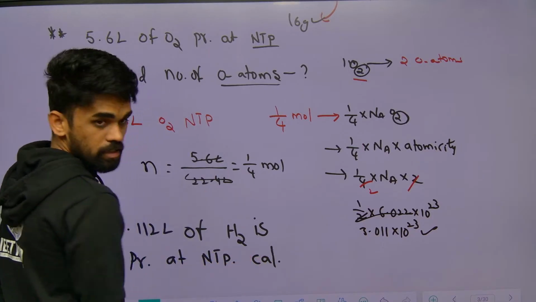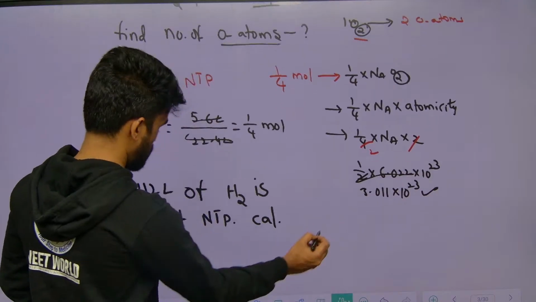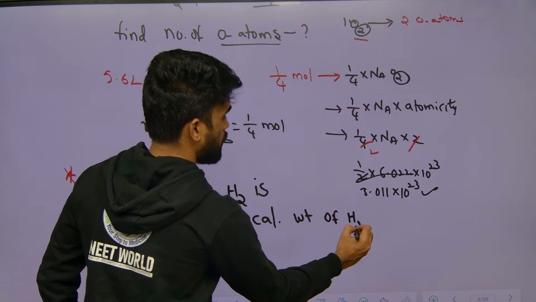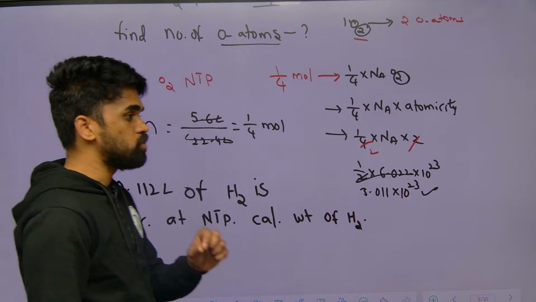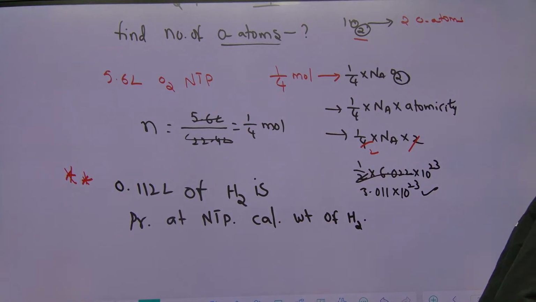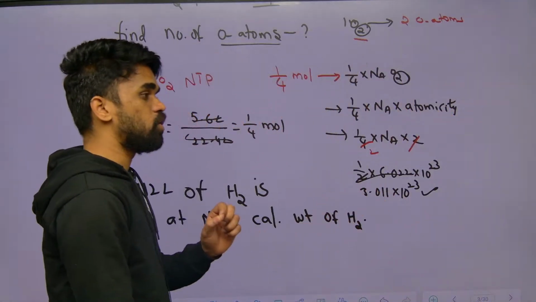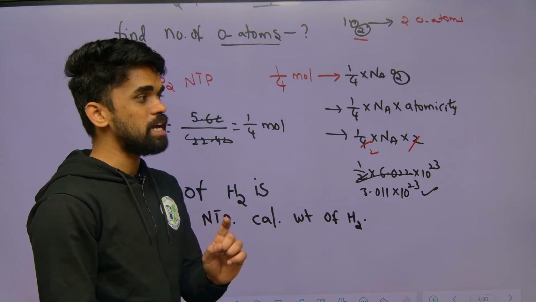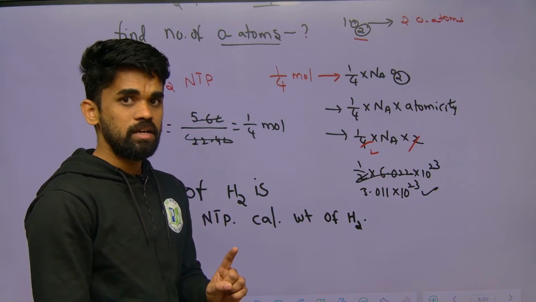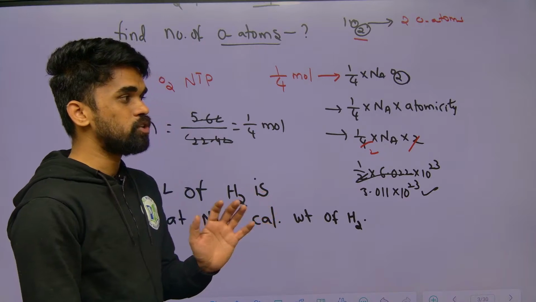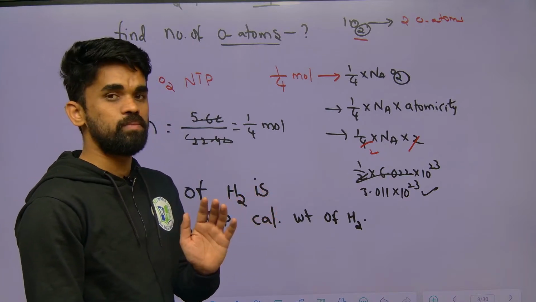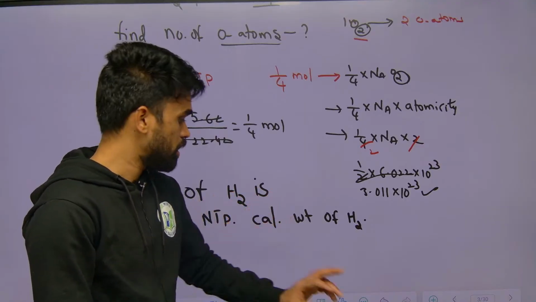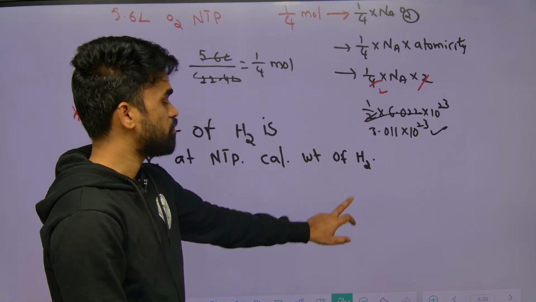Calculate weight of H2. So guys, those who are in the live session, who join now itself, you just stay till the end. You are going to learn very interesting and very important thing. At last I will be discussing POAC method, which is highly useful to calculate all types, like without balancing any chemical reaction you can do all mole concept type questions. Okay, just stay connected with this.